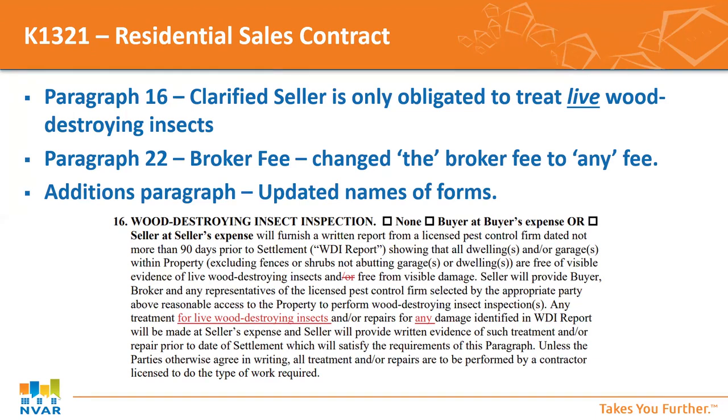Okay. Is that new? Because I don't remember us having to repair anything if it was just 2 holes on a 2x12 deck board. It did previously say any treatment and or repairs for damage identified, so it would have been a requirement even back then. I don't think repair comes for that, but okay.